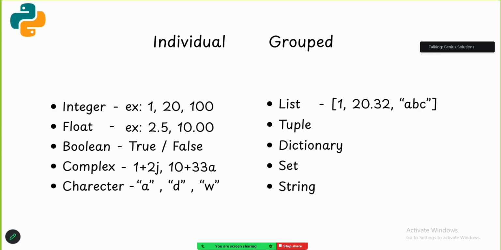Now I'll just give you a brief explanation about the grouped data. So this list is represented using square braces, and any type of data is allowed to be stored in a list. For example, we can store integer, float, string, a list, tuple, dictionary. What are the data types that we have in Python?